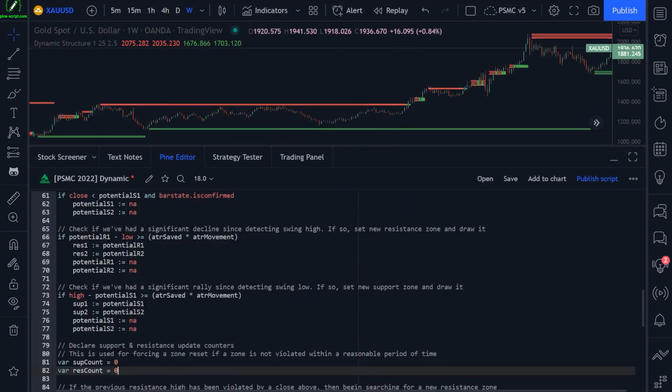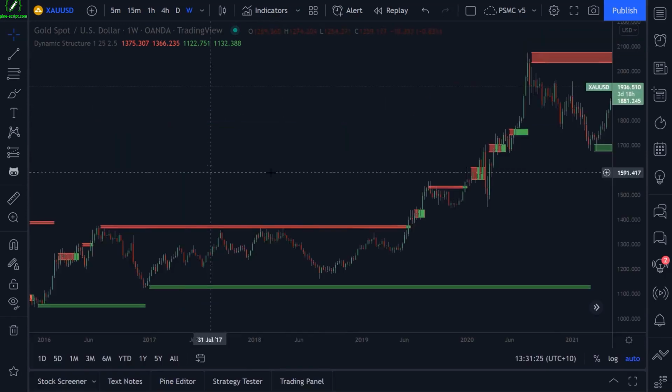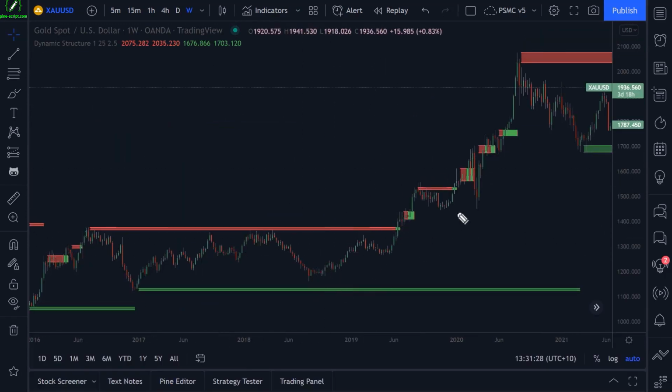And then next up, we have some code here that I don't actually use in this version of the script, so I can delete this. I use this in the other version of the script, the main public version. And this basically just tracks how many times support and resistance zones were updated. And eventually, if the update count, so we've got 1, 2, 3, 4, 5, 6, 7 zone updates here, while this zone here was still drawing, I could use that update counter to, let's say, after 5 updates, I could force this lower zone down here, which has not been tested for a long time.